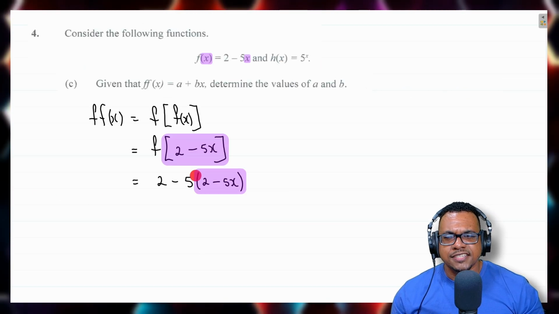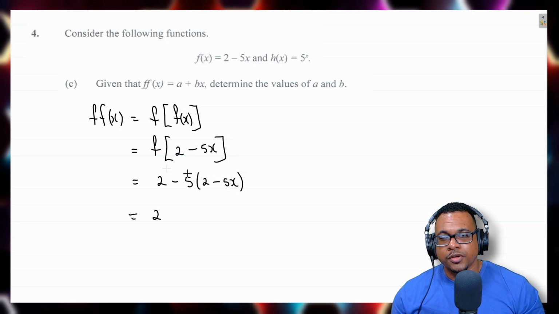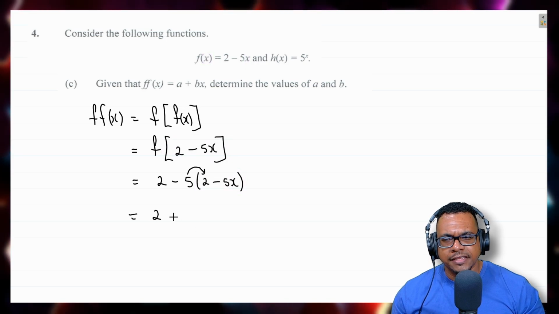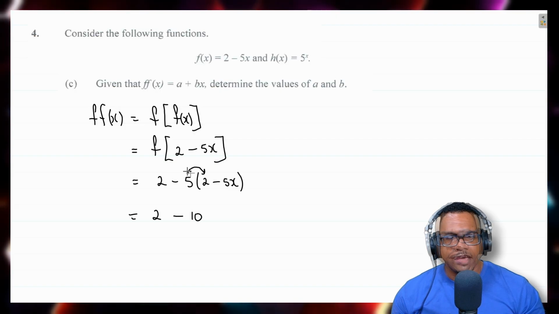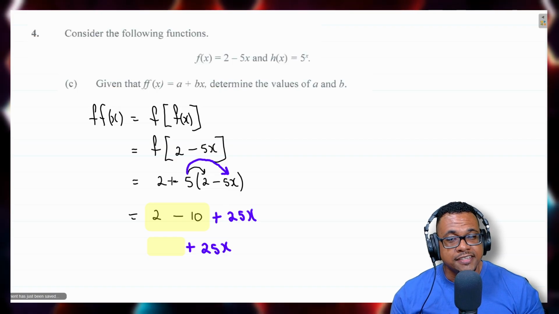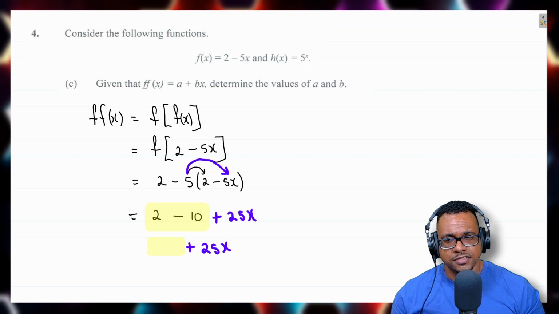So now we'll just expand and simplify. So we'll have 2. We're going to multiply negative 5 by positive 2, and we get negative 10. And then we're going to multiply negative 5 by negative 5x, which will give us, a negative by a negative is positive, so that's positive 25x.